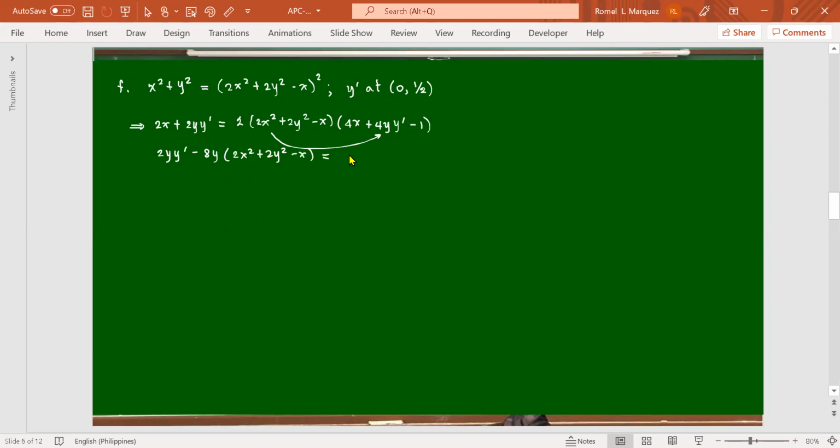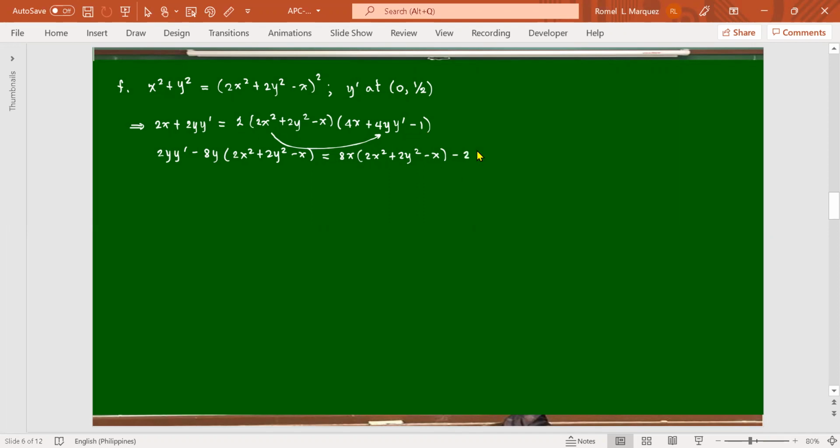without y prime, same thing together with all of this, no? These two. We have, let's start with 4x: 8x times 2x squared plus 2y squared minus x. Then minus, what about this?